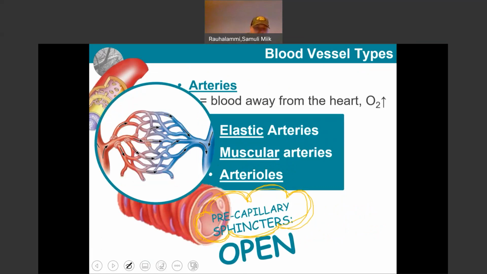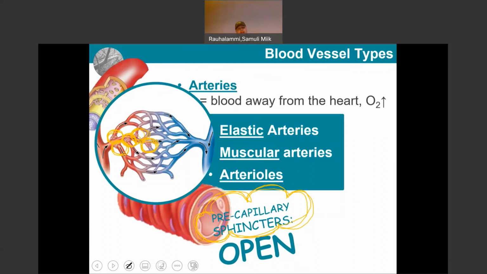These bands of muscle tissue work so that they can choose to keep the blood vessel open, or they can squeeze and close off that blood vessel. So they essentially are gatekeepers that choose whether the blood flows into the capillary network or not. So they open and close capillary networks as needed.